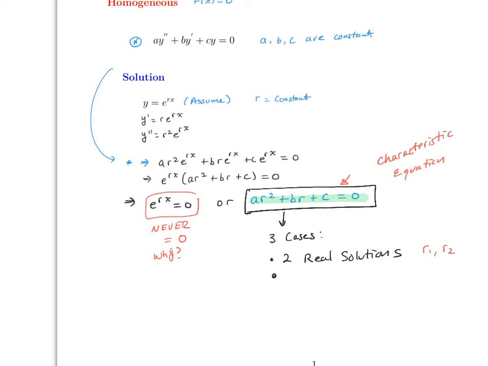The other thing that can happen is that you have two complex solutions. And remember, the complex solutions look like a plus or minus bi. And the last thing that can happen is that you have one repeated solution.